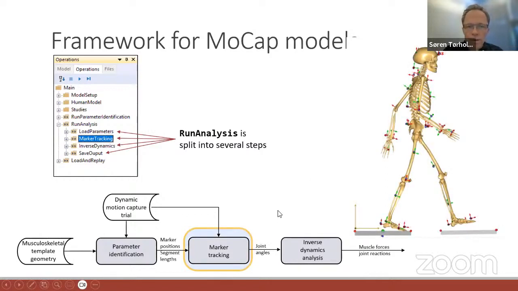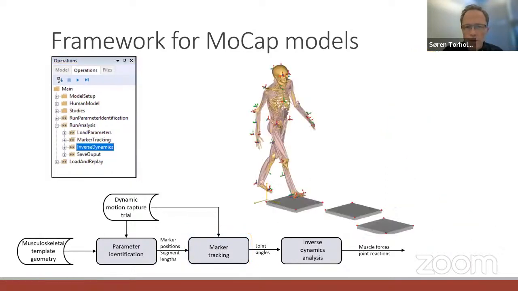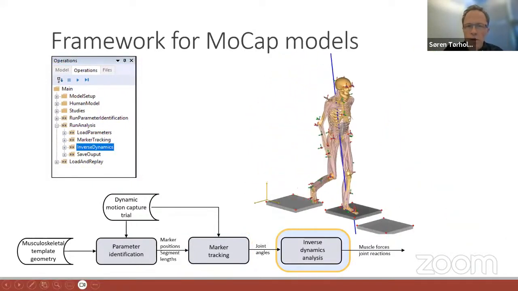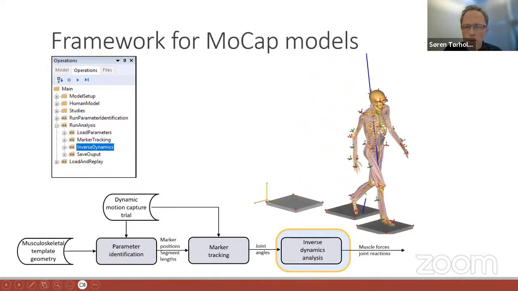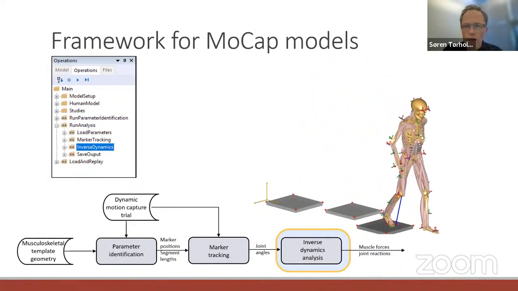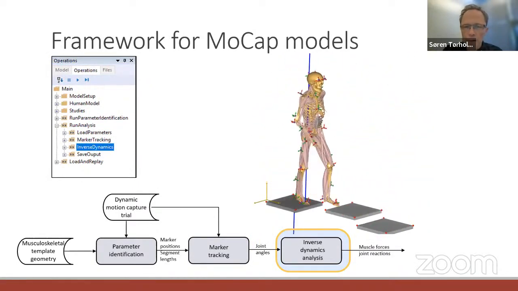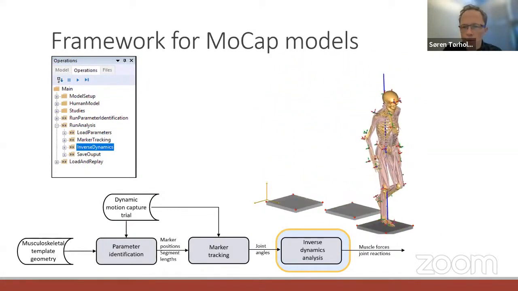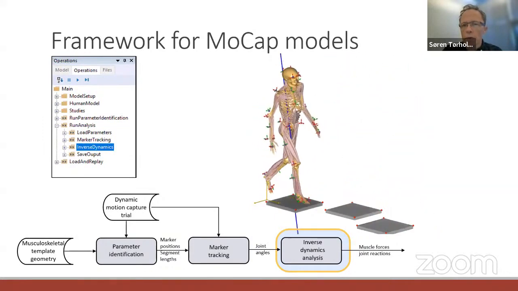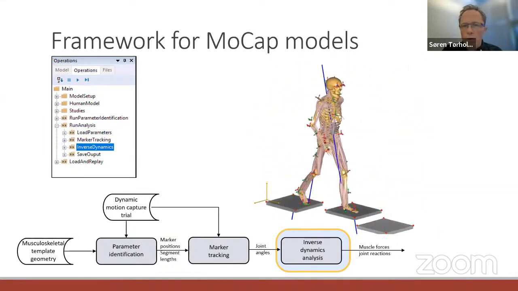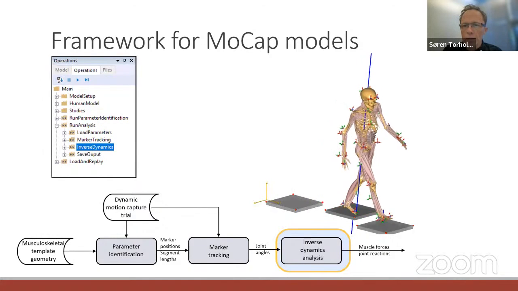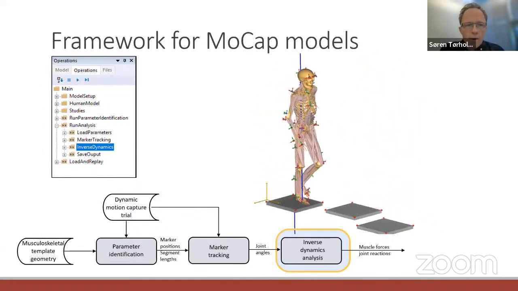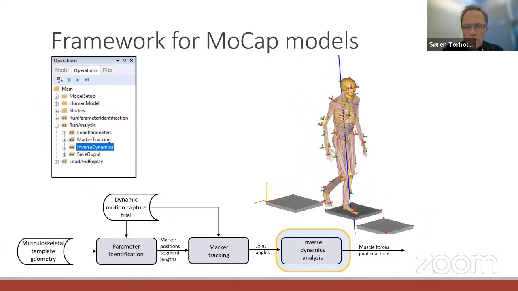Once that is completed, it continues to the inverse dynamic analysis that receives these joint angles and makes the skeleton move according to the marker tracking. It applies the measured forces to the feet and calculates what should be the muscle forces to create balance in this dynamic moving mechanical system. And then finally, it saves the output.